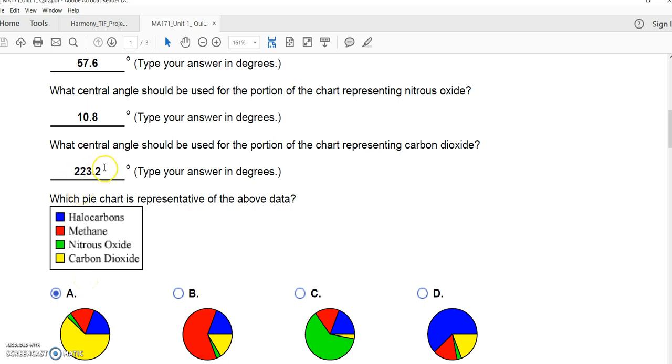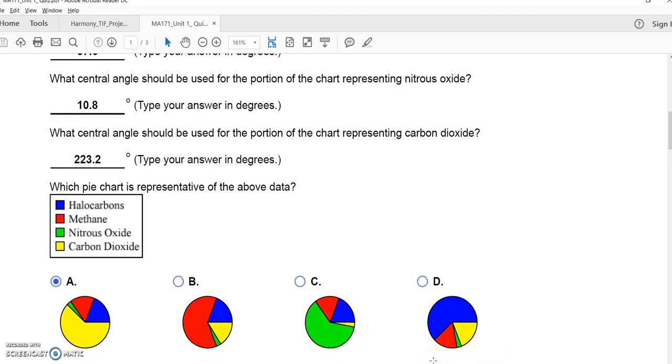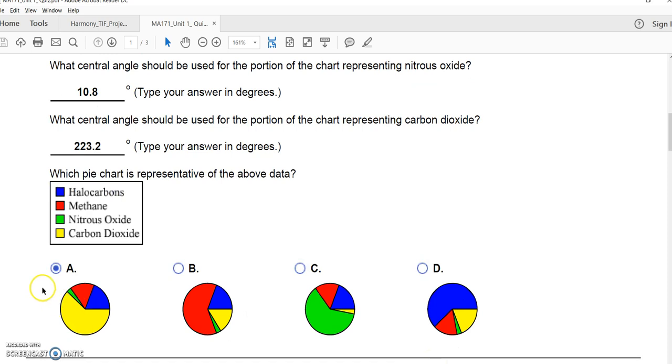Because half the pie is 180 degrees, and this is 223. Carbon dioxide is yellow, so in which of these does the yellow portion take up more than half? There's only one choice like that, which is A. All of the others are less than a quarter, this one is so small, and this is also less than a quarter. So obviously the right choice is A.